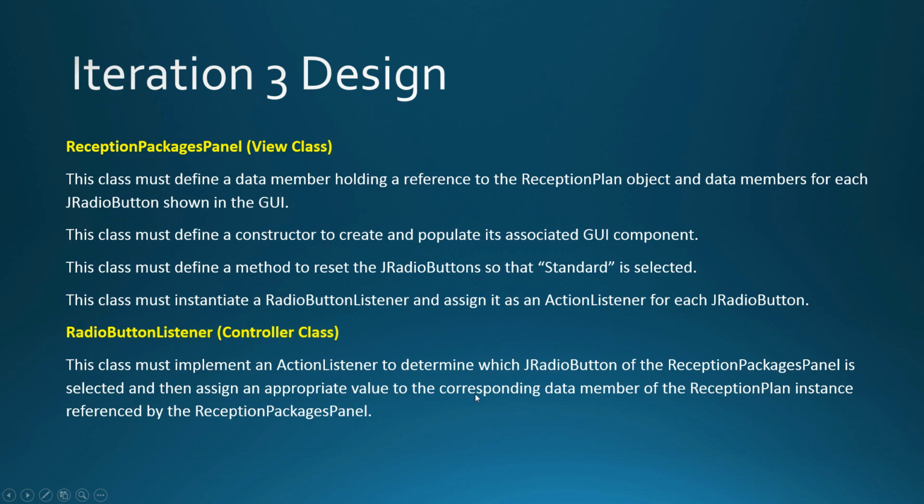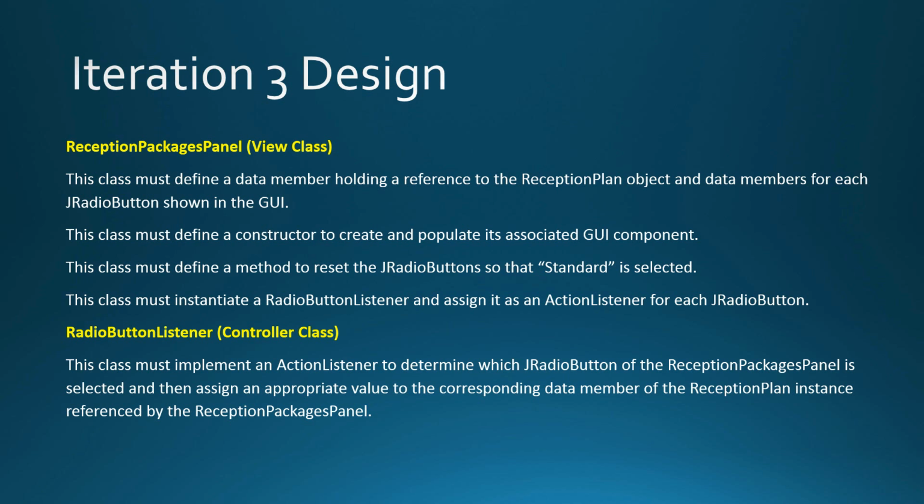And the panel that we're going to add to the services panel is the reception packages panel. So we're going to address all these design requirements. As with all view classes, it's going to hold a reference to the reception plan, and it's going to define data members for each of the radio buttons, and we're going to have 3 of those. We're going to use the constructor to create and populate that panel.